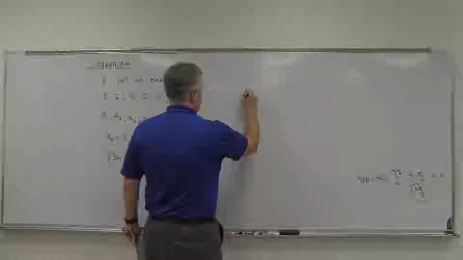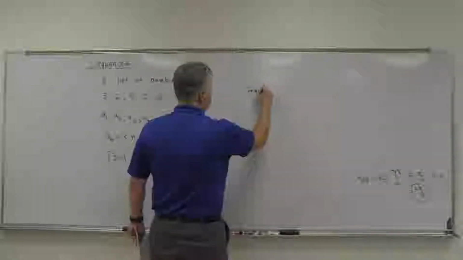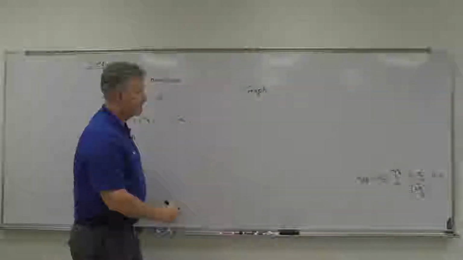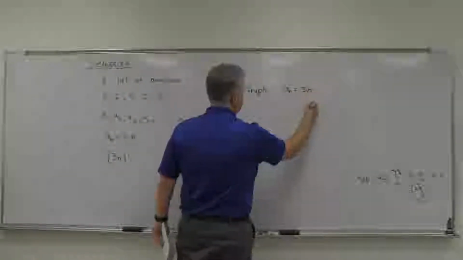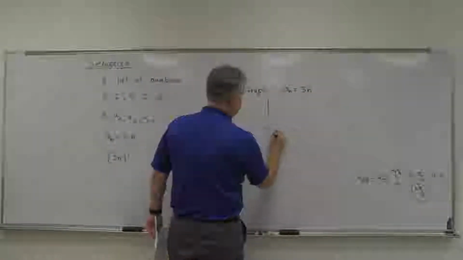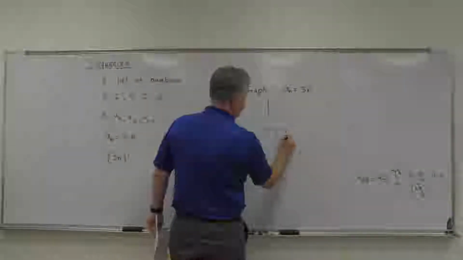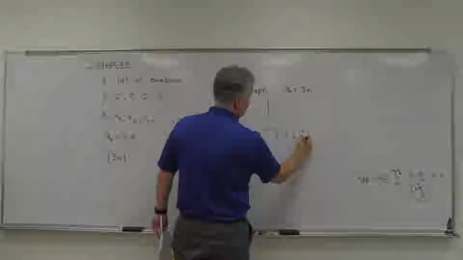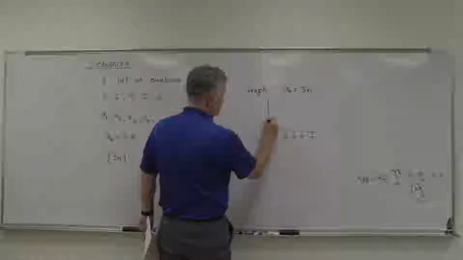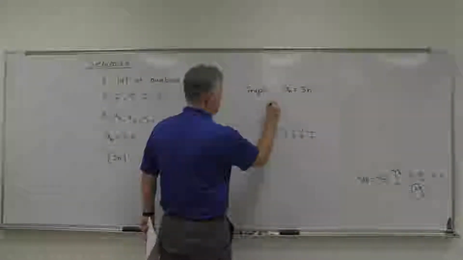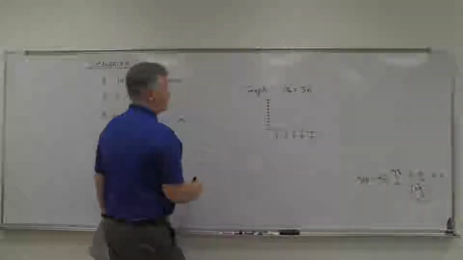So if we graph one of these sequences, you're just talking about 1, 2, 3, 4, 5.